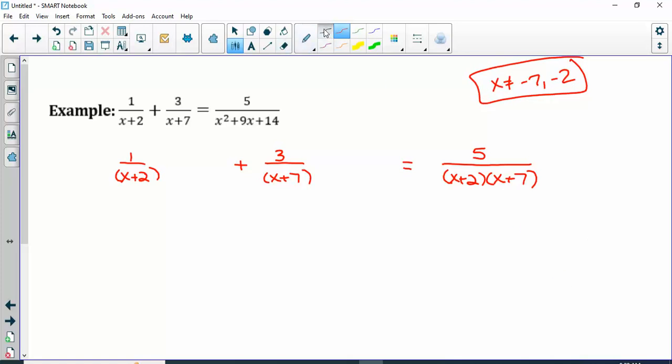Alright. So now we have to get rid of our fractions. So the first one we have to multiply by the x plus 2. And that cancels the first piece. What else do we need to multiply by?